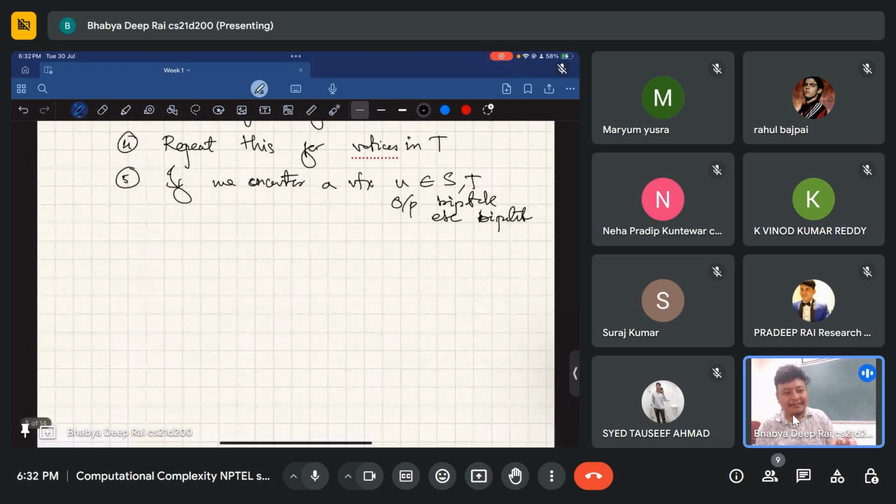So the principle is the same, right? Rahul, I hope you can see that you were talking about the same algorithm.